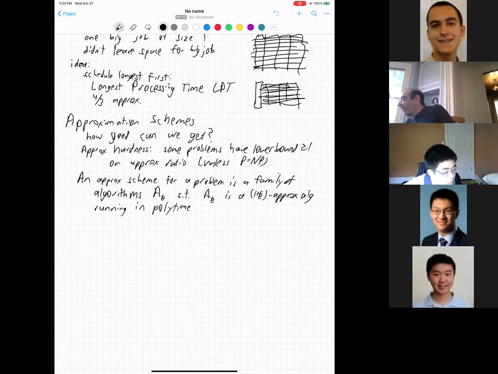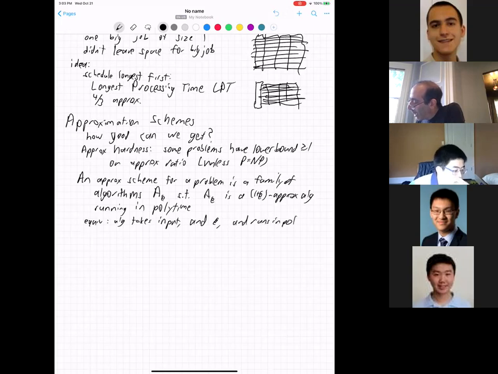Now, if you think about it, if I have a whole collection of algorithms, I call it an approximation scheme, but I can really also think of it equivalently as an algorithm that takes the input and epsilon and runs in polynomial time.